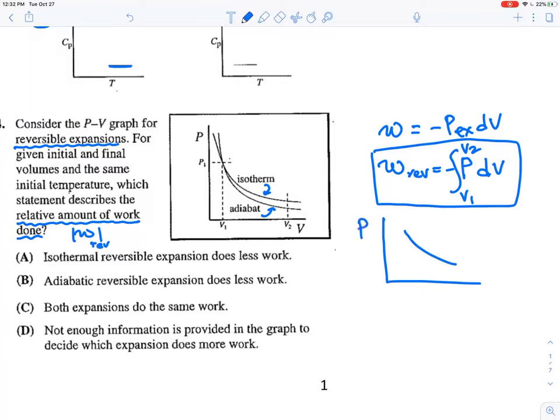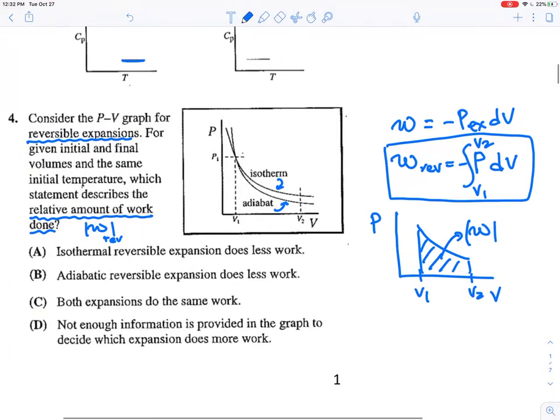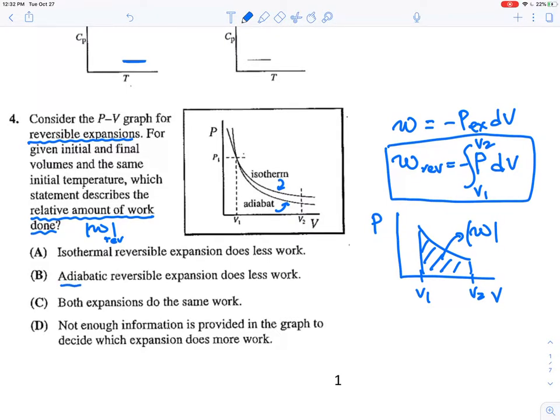If this is P versus V, volume 1 to volume 2, that's the area under the curve, and that's the magnitude of the work. As you can see, the adiabatic work is smaller than the isothermal work expansion. So adiabatic reversible expansion does less work. So I would say B is the correct answer.